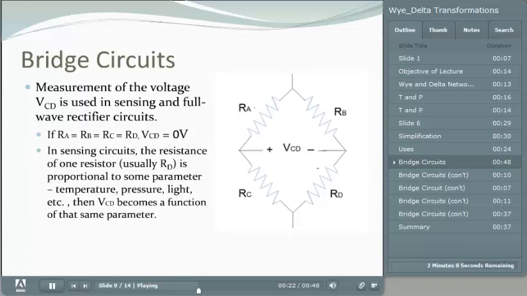If RA equals RB equals RC equals RD, then the voltage drop between the two nodes, VCD, is equal to 0 volts. In sensing circuits, the resistance of one resistor, and we usually choose RD, is proportional to some parameter, temperature, light, pressure, whatever. Then VCD becomes a function of that particular parameter.